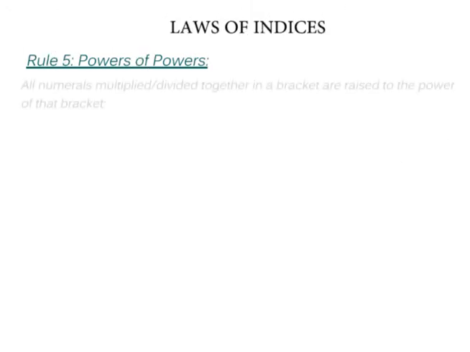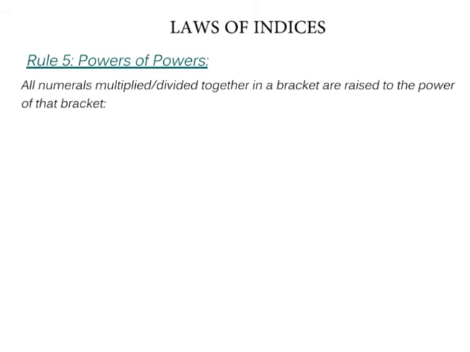Note that all numerals multiplied or divided together in a bracket are raised to the power of that bracket. That is, 2 times 3 in bracket raised to power 4 means 2 raised to power 4 times 3 raised to power 4. 2 over 3 raised to power 2 is equal to 2 squared over 3 squared.